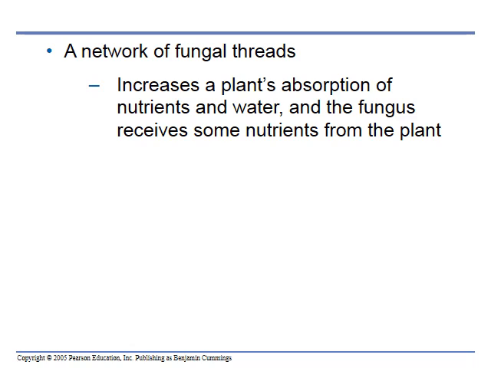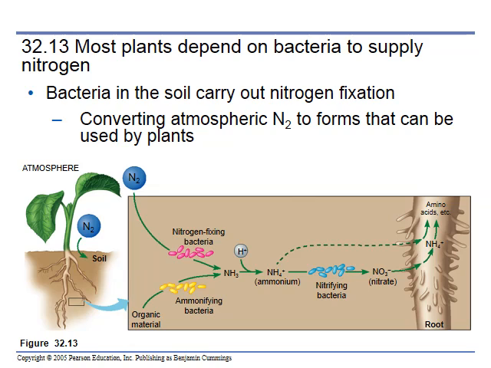That network of fungal threads that you just saw increases the plant's absorption of nutrients and water, and that's the benefit to the plant. And the benefit to the fungus is that it receives the sugar from the plant, or the carbohydrates from the plant. Okay, most plants, so that was what we just saw before, was a fungus symbiotic relationship. Most plants also need bacteria, and the reason is even though the atmosphere is mostly nitrogen, it isn't available.